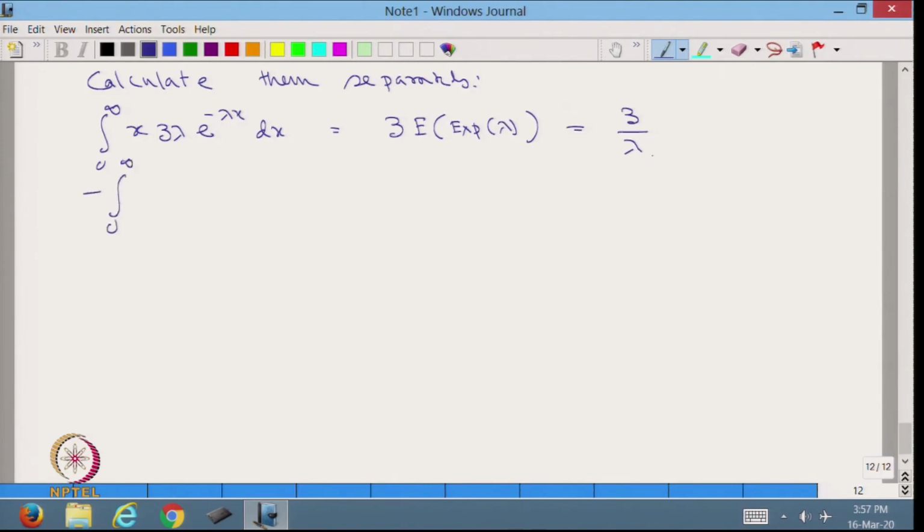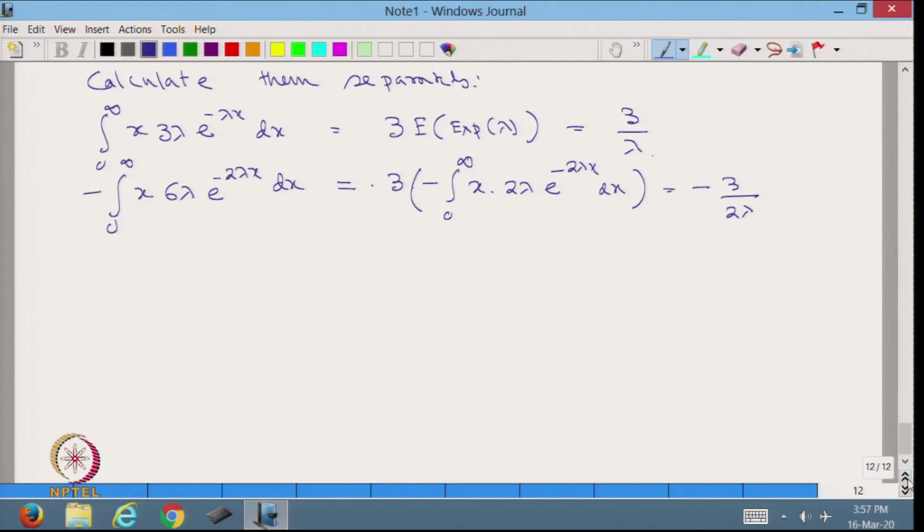The second term is, so minus, integration 0 to infinity x 6 lambda e to the power minus 2 lambda x dx is equal to 3 into minus 0 to infinity x 2 lambda e to the power minus 2 lambda x dx, which is equal to minus 3 upon 2 lambda.